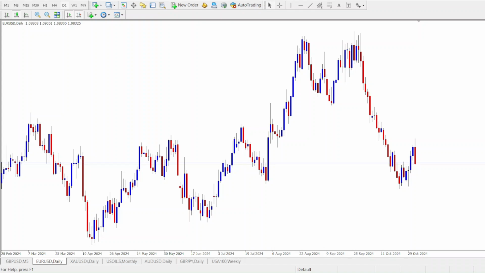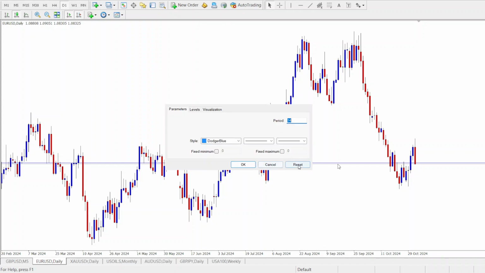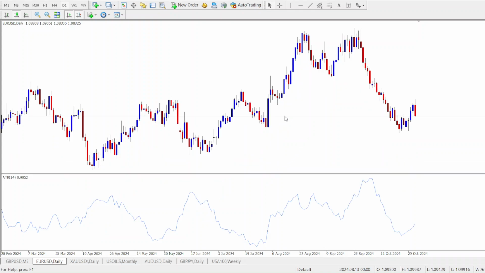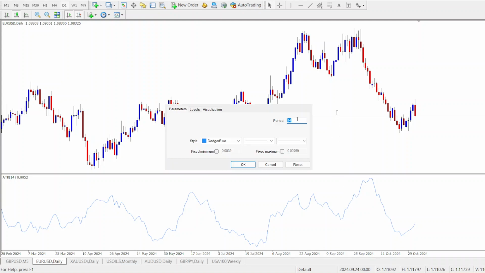First up, let's talk about the average true range, or the ATR. This indicator is essential for measuring market volatility over a specific period. As you can see, you have to select the period.